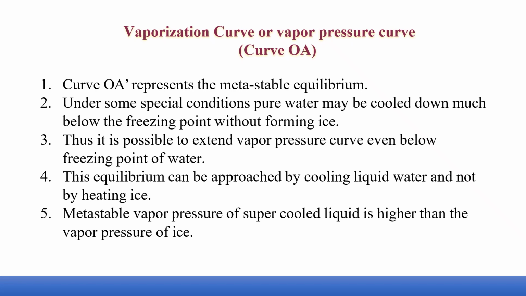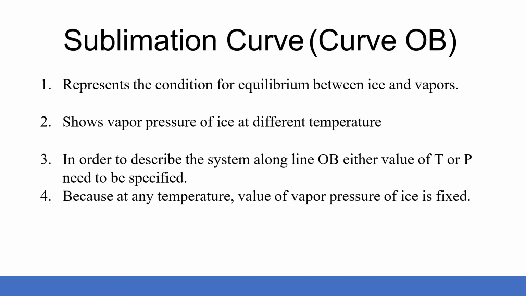Under some special conditions, pure water may be cooled down much below the freezing point without forming ice. Thus, it's possible to extend the vapor pressure curve even below the freezing point of water. This equilibrium can be approached by cooling liquid water and not by heating ice.